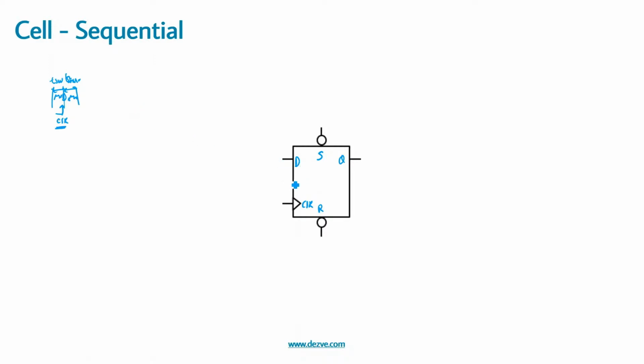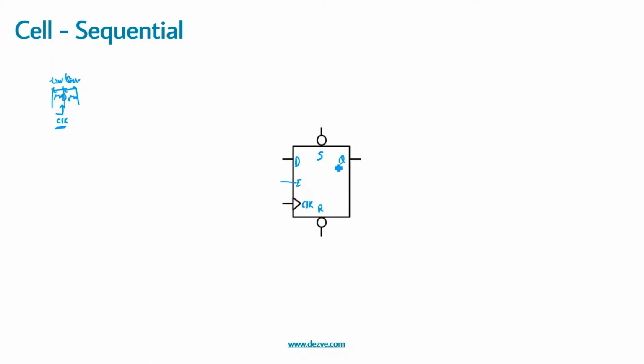There could be synchronous enable, synchronous set, synchronous reset. Depending on which cell you are referring to, you might also see those synchronous paths mentioning the setup and hold requirement for the respective pins with respect to clock. Now we say that when the clock edge occurs, the internal latched value would get propagated to the output, correct?